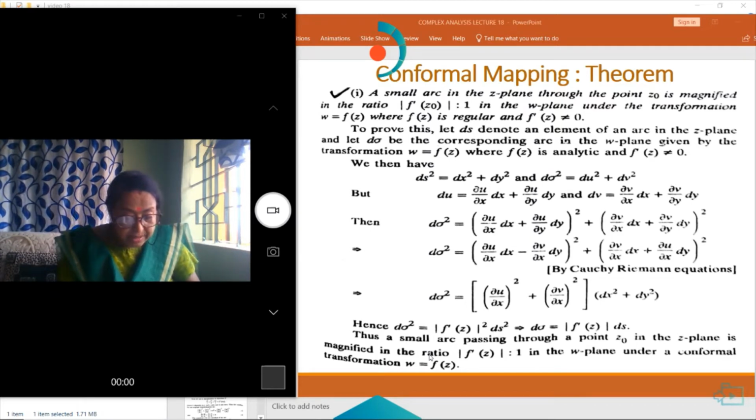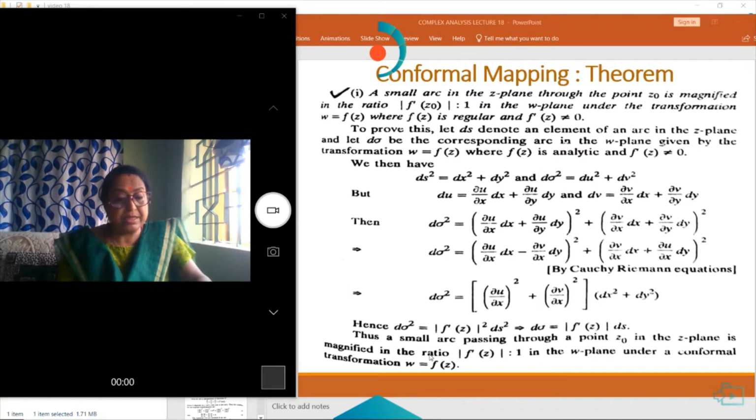Dx square plus dy square is nothing but ds square. So d sigma square by ds square can be written as modulus of f dash z the whole square, and so d sigma by ds can be written as modulus of f dash z is to 1 in the w plane.